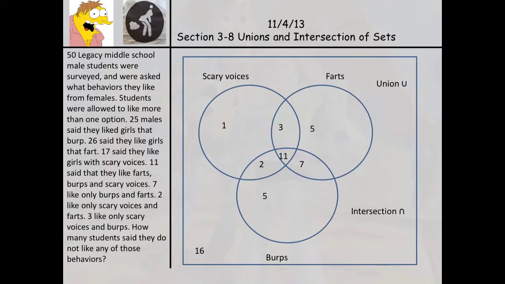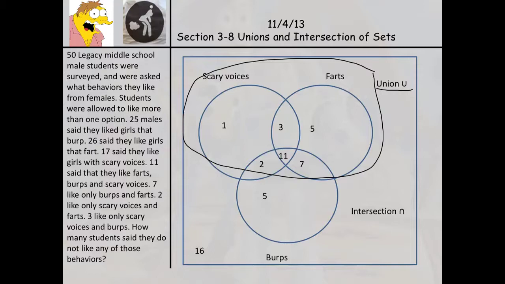We see in this next slide that we have all the numbers filled in here, but I wanted to talk about how this relates to what we learned before with regard to the union and intersection. Well, remember, union is like combining of the sets. So if you had to combine these two sets, like say scary voices and farts, we'd be putting them both together, add up all those numbers.